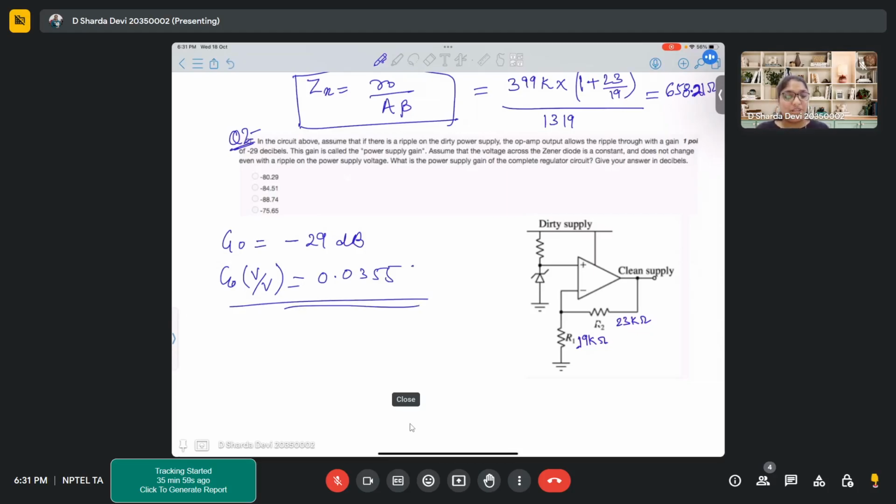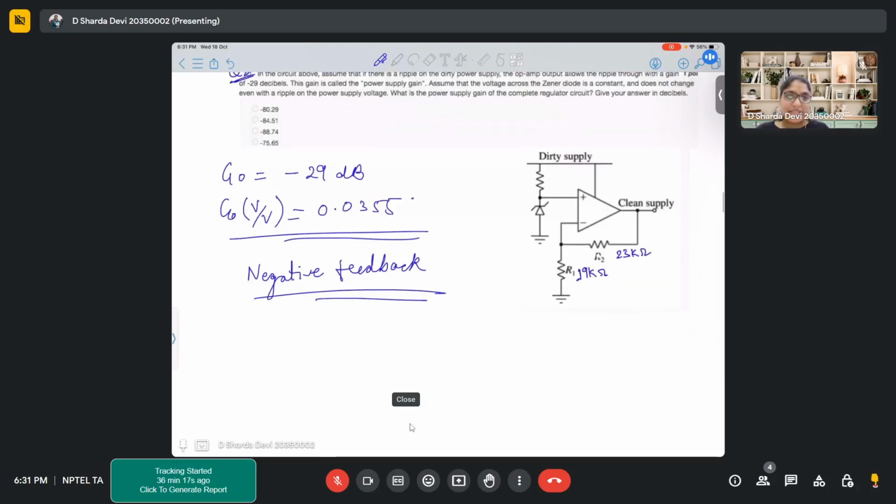Now, as I mentioned earlier, like we have seen already for Z out, that Z out reduces by a factor of A beta. Similarly, after negative feedback, the gain of the circuit also reduces by the factor of A into beta.